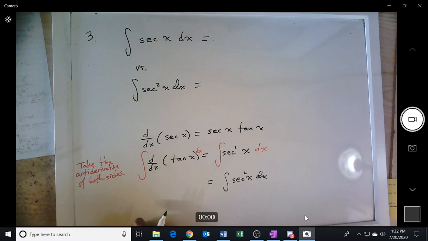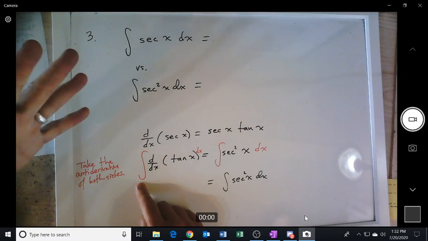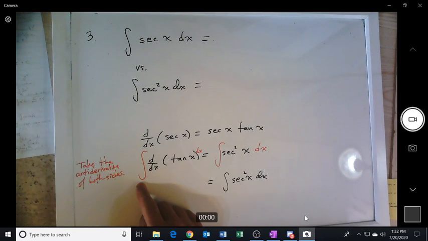The left-hand side, two things are happening to the tangent x. Its derivative is being taken, and then its antiderivative. It's kind of like taking 5 and then squaring it and then square rooting it. You're doing a function immediately followed by its inverse function. If you square 5, you make it grow to 25, and then you take the square root of 25 and you're back to 5 again.